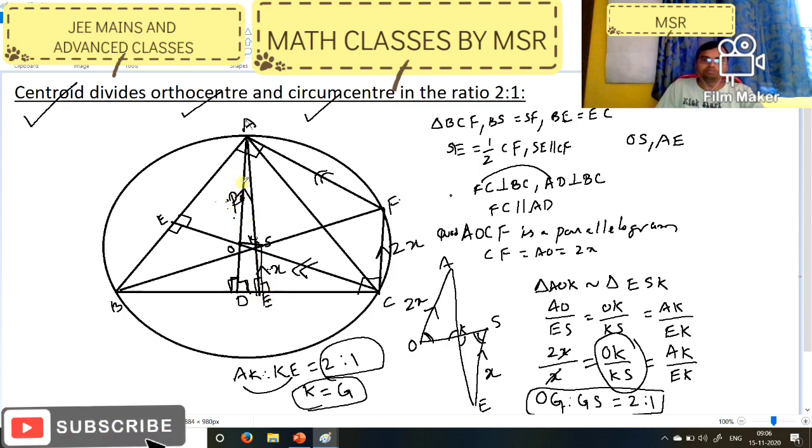If you join P to E, in this proof consider P is the midpoint of AO and join PE. PE and OS intersect at a point, say Z, suppose. So PE and OS are intersecting at the point Z.